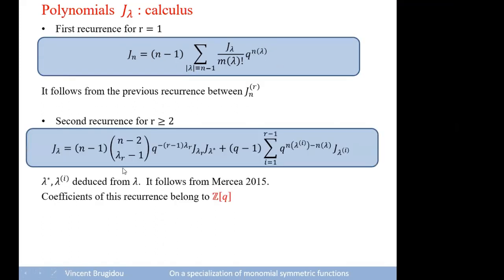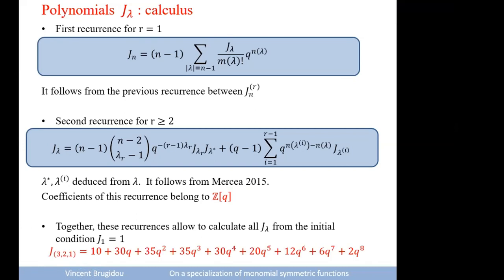The second recurrence for r different from 1 is here. Notice that its coefficients belong to this set. These recurrences allow us to calculate all the J lambda.